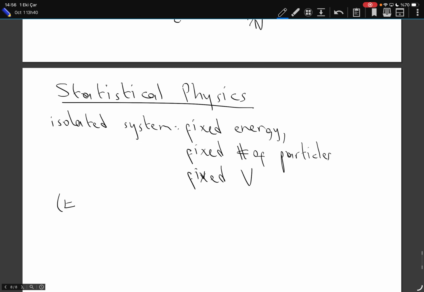So E, N, and V, they're all fixed. This is what we call the macrostate of the system.